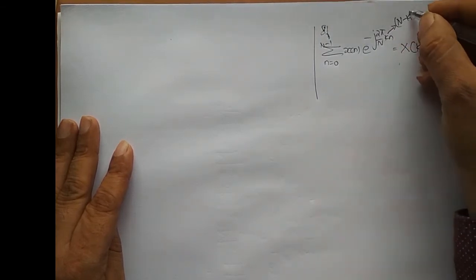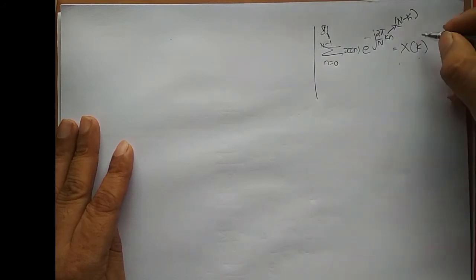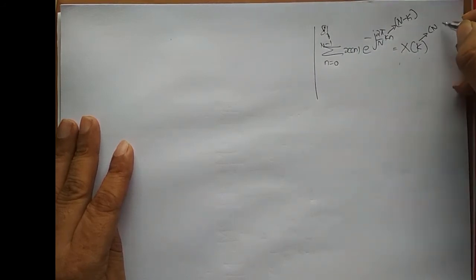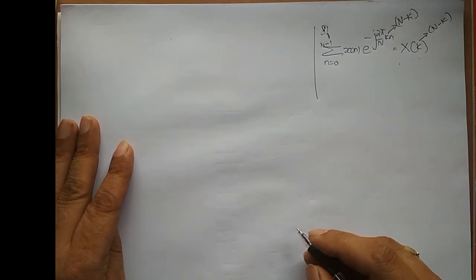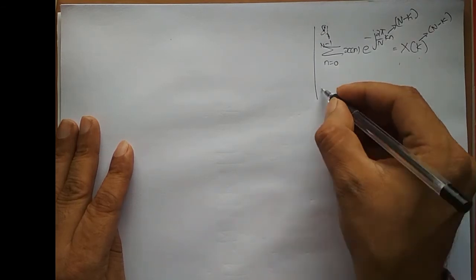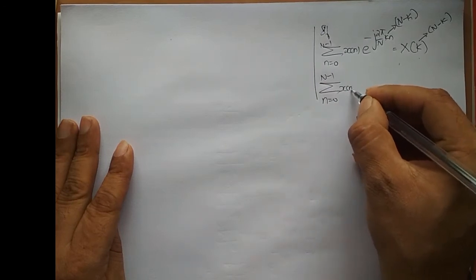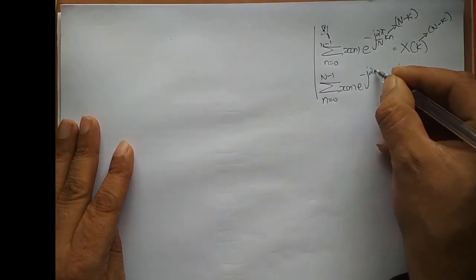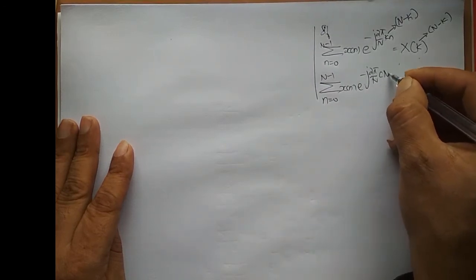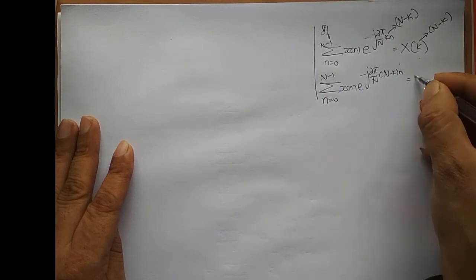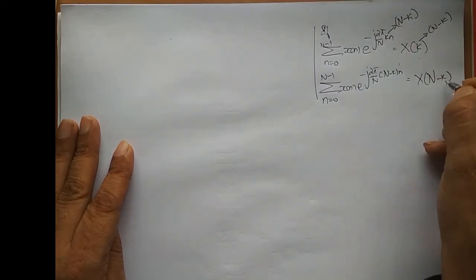Fine. What happens to the right hand side? In the right hand side also, this will be replaced by n minus k, right? So summation n varying from 0 to n minus 1 x of n e power minus j 2 pi by n into n minus k into n can be written as X of n minus k, right?